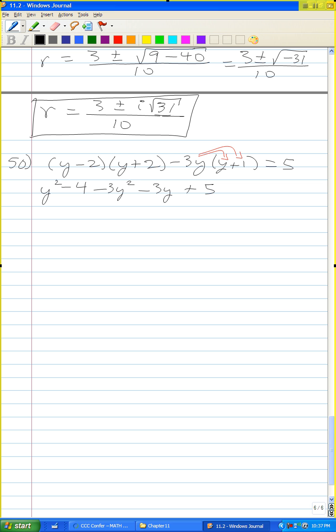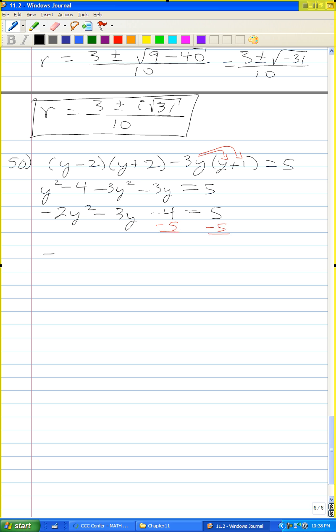And so combine like terms. 1y squared minus 3y squared is a negative 2y squared minus 3y minus 4 equals 5. Subtract 5 from both sides of your equation.